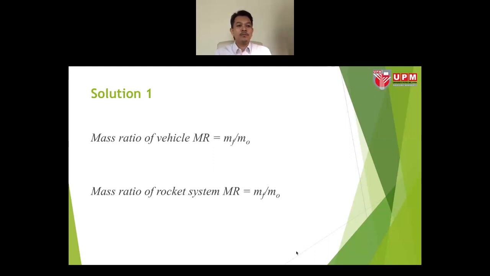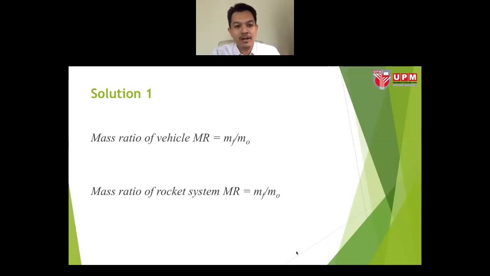The first one asks us to calculate the mass ratio of the vehicle, the MR. So MF over M naught. What is MF? What is M naught? Anybody can tell me? MF is the mass after rocket operation, and M naught is the initial mass.